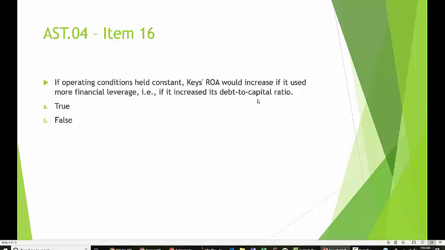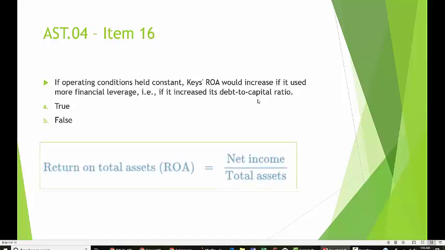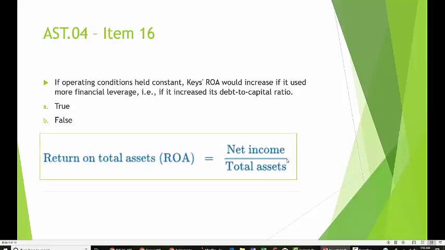Again, let's take a look at the formula for return on assets. The return on assets is the net income divided by total assets. So if a company used more financial leverage, that means it would have more interest expense. More interest expense means less net income.